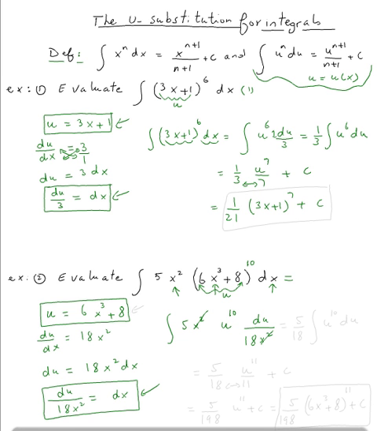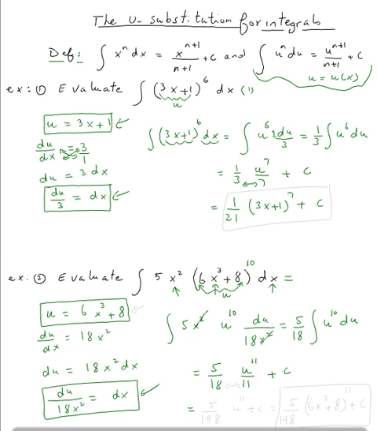So you simplify x squared with x squared, and then 5 over 18, we can take it outside because it's a constant. So this will be u^10 du. Now we can use the power rule for u. So this is going to be equal to 5 over 18 times u to the 10 plus 1, 11, over 11, plus a constant.